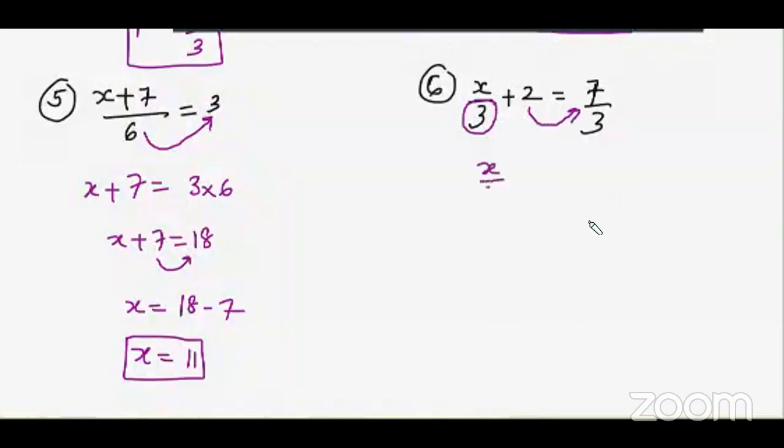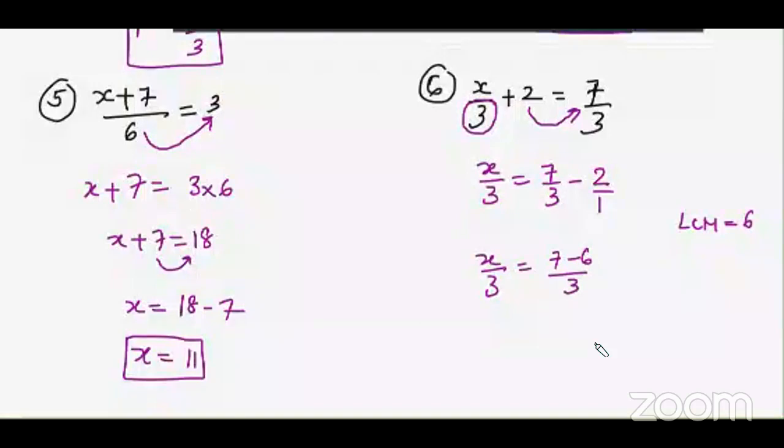Now we need to take the LCM on the right side. So LCM is 3. So x over 3 equals to 7 minus 6 divided by 3. So x over 3 is 1 over 3, right? Now, the divided number for the x has to be shifted to the other side. So x is equal to 3 times 1 by 3, which is 3 upon 3. So x is 1.